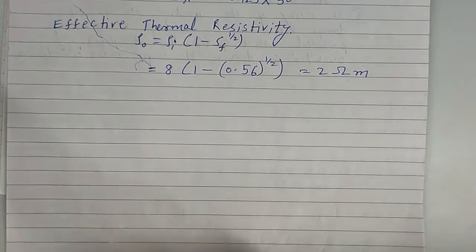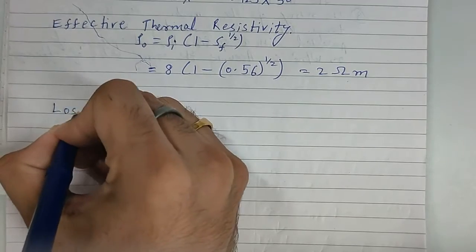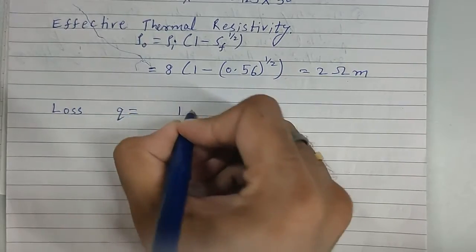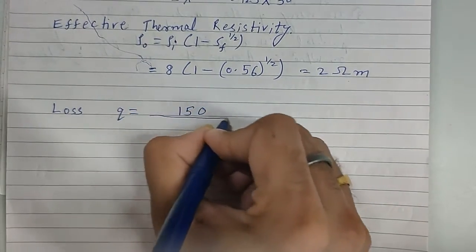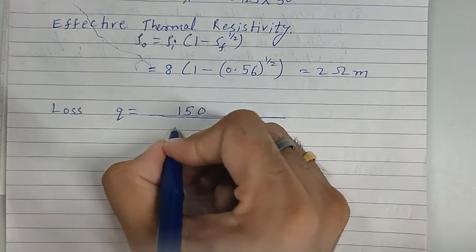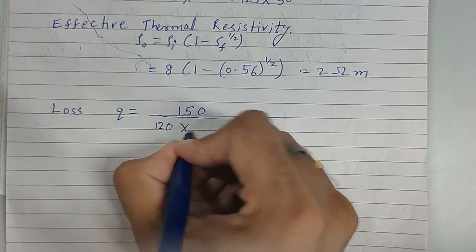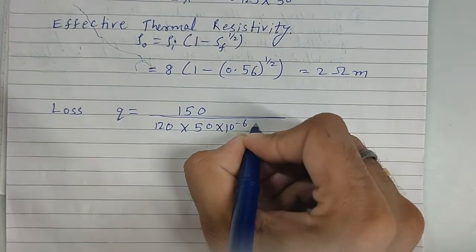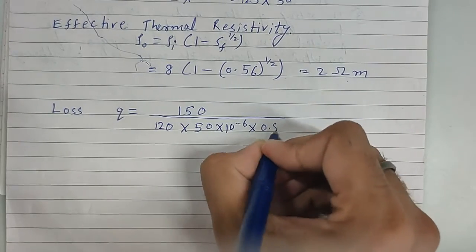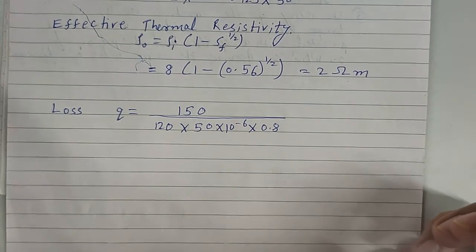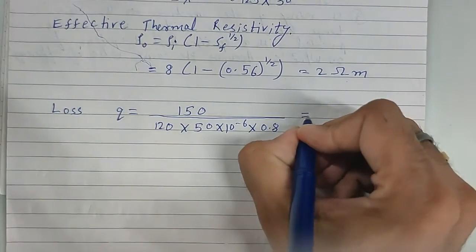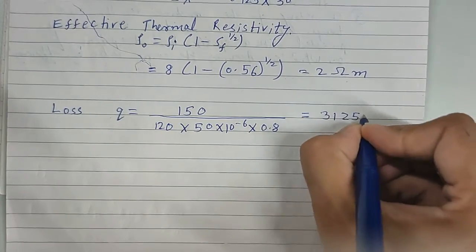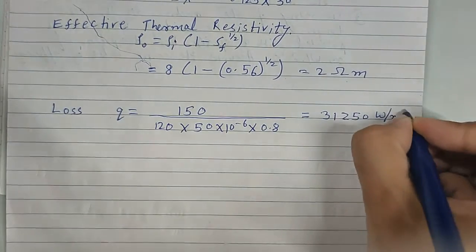Now we need to know the loss Q. So the loss Q is given by 150 divided by 120 into 50 into 10 raised to minus 6 multiplied by 0.8. Now when you multiply these, what you get is 31250 watt per meter square.